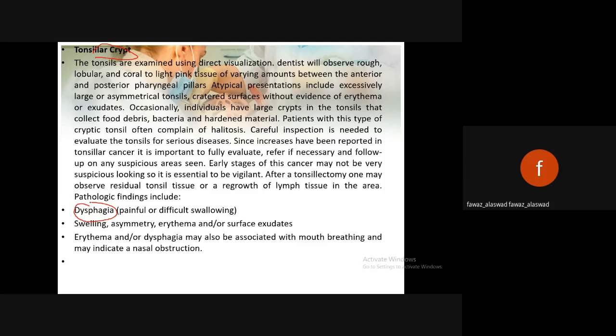Those types of patients may have dysphagia or difficulty in swallowing, and as a result, accumulation of bacteria is going to occur in the food stagnating area, and infection is going to initiate. And sometimes it may even indicate a nasal obstruction.